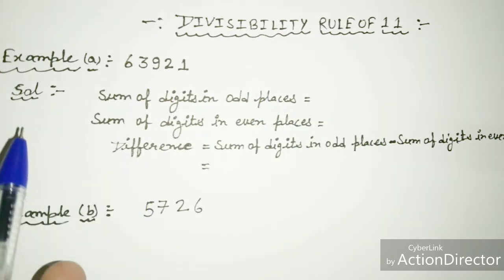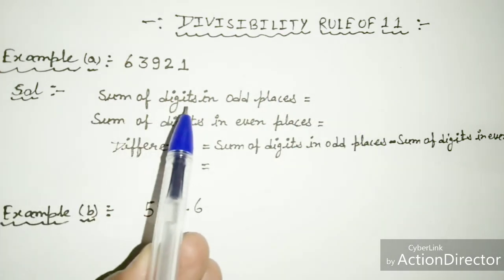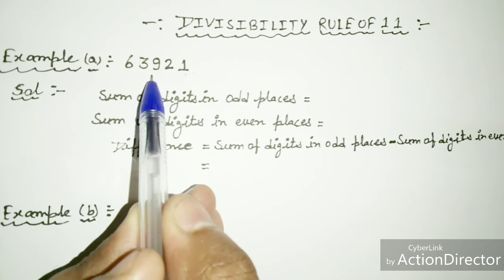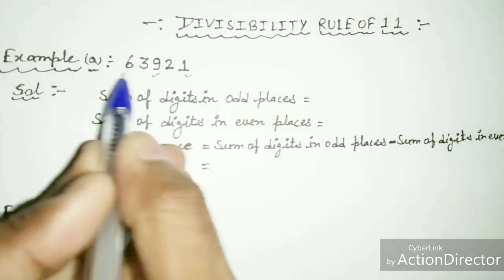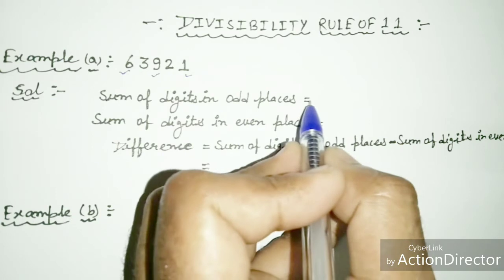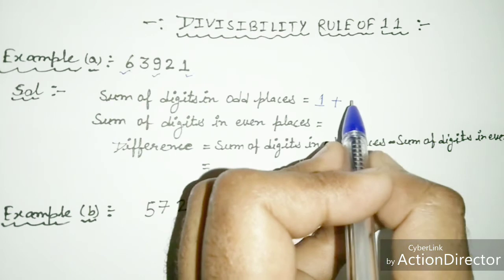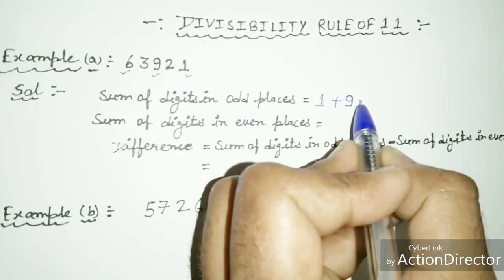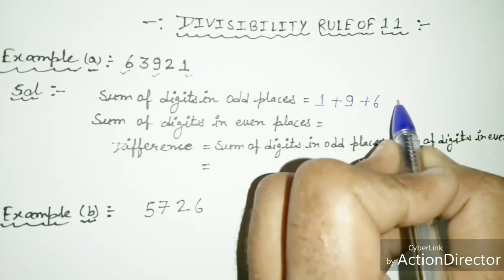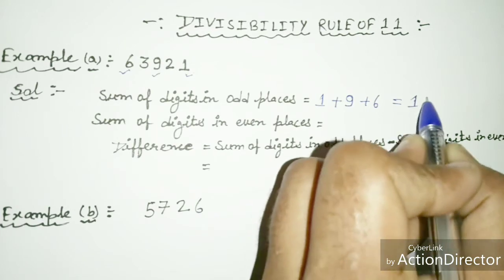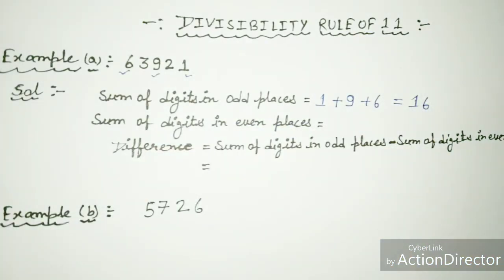So first we find the sum of digits in odd places. The digits in odd places are 1, 9 and 6. We add all these digits: 1 plus 9 is 10, and plus 6 is 16. Now we find the sum of digits in even places.